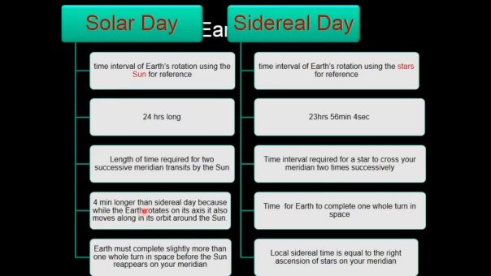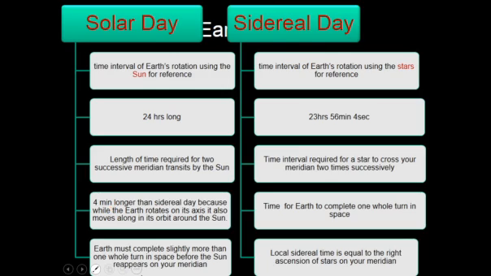The solar day is, as we have seen, 4 minutes longer than the sidereal day, because the Earth rotates on its axis and along with that it moves forward in its orbit around the sun. That is why it takes 4 minutes longer.